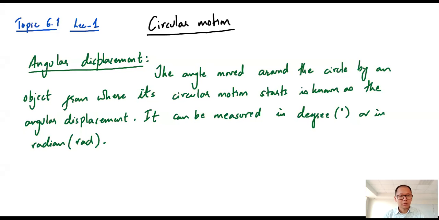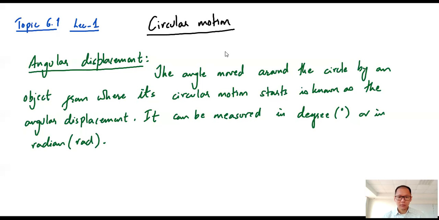When we talk about circular motion, we have to first understand what angular displacement is, because when an object is moving in a circle, it traverses some angle relative to the center.